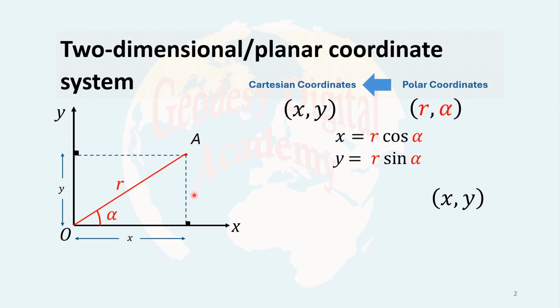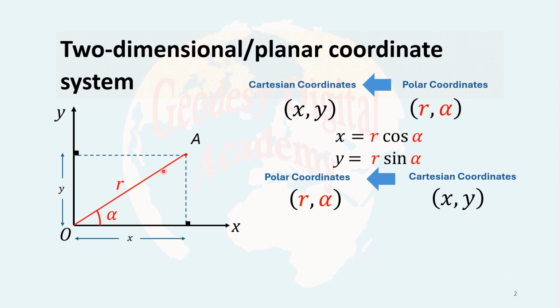But what will be if you have the Cartesian coordinates and I want to convert them to the polar coordinate, what can I do? Again, I use the same principle that I use for computing the Cartesian coordinates. But the difference is that here, I have x and y, but the unknown parameters are r and alpha.